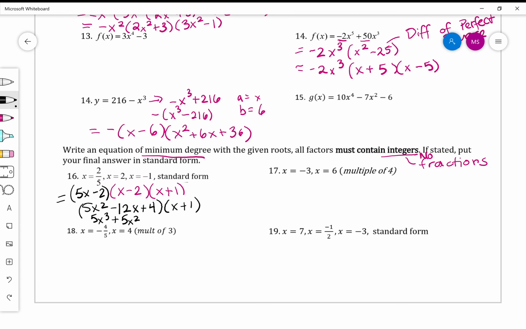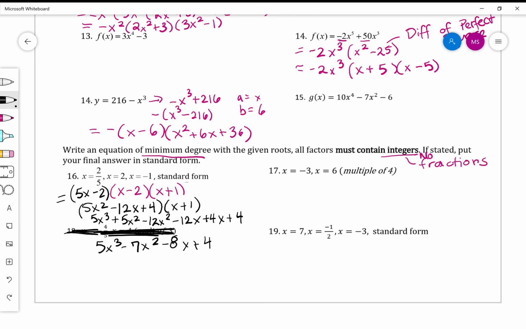Negative 12x times x, negative 12x squared. Negative 12x plus 1, 4x. 4 times x is 4x. And 4 times 1 is 4. Combine like terms, so you have these 2 and those 2. So your final answer, let's get rid of 18 here. 18's in our way. So you get 5x cubed minus 7x squared minus 8x plus 4. All right, so that's it.